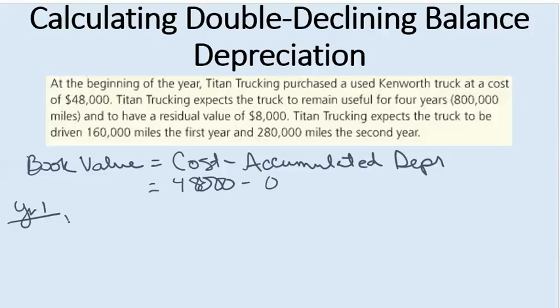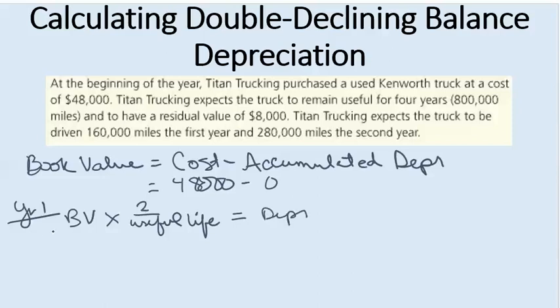So we'll take that book value, I'm going to abbreviate BV, multiply that times 2 over the useful life. That's the double part of this calculation. We're going to take a lot of depreciation early on. That's going to give us twice the rate that we would have had under straight line depreciation. And that will give us our annual amount of depreciation.